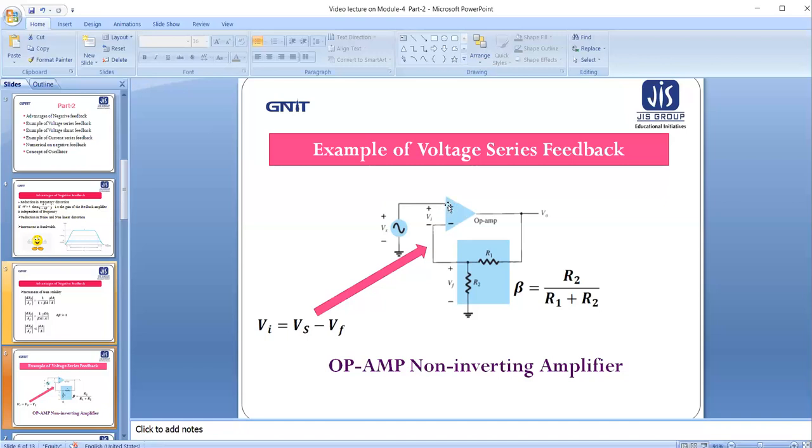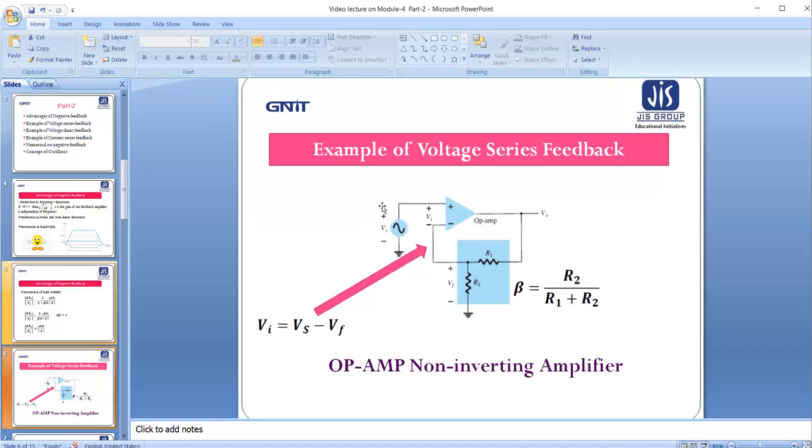So as the differential voltage becomes 0, the Vs present at this point will automatically appear at this point. It is our basic op-amp fundamental.